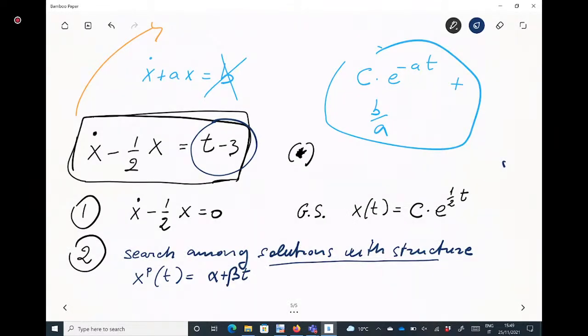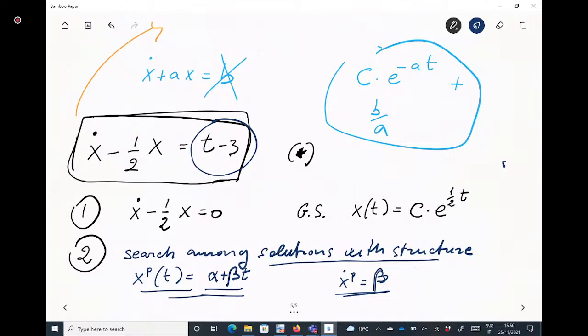Okay, so if a solution like this one exists, then its time derivative, x dot p, would be equal to beta. Okay? We are not sure that a solution like this actually exists. But if it exists, its time derivative is equal to beta, and this would be the function.